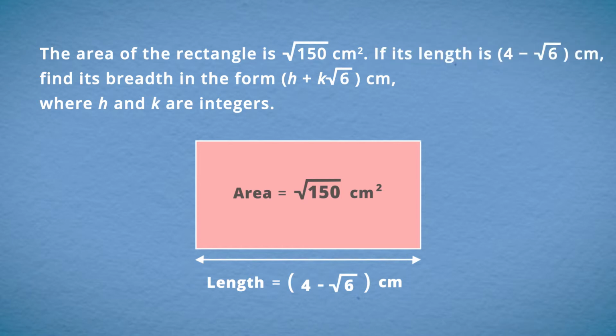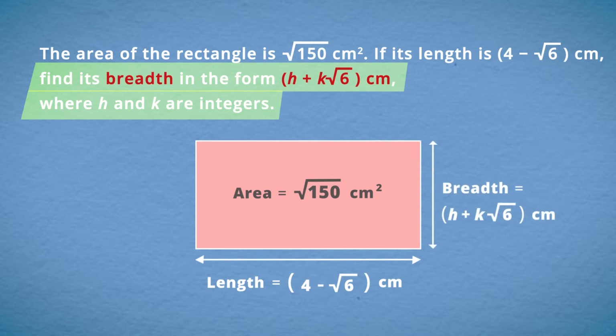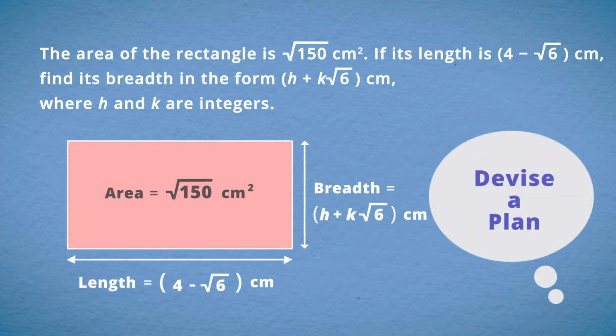Then it says find its breadth in the form h plus k times square root of 6 centimeters, where h and k are integers. So we need to find breadth of the rectangle, which is in the form h plus k times square root of 6. Now that we have understood the problem, we need to devise a plan.